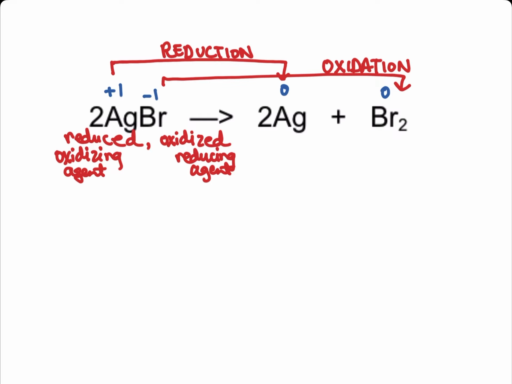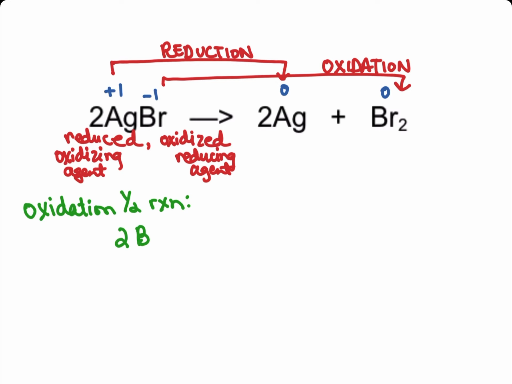So now I have to come up with the half reactions. I like to start off with the oxidation always, so oxidation half reaction. I see that the Br is what's going through the oxidation process, but I have to be careful. It is the Br minus that's doing the oxidation, not the entire molecule. And there are 2 units of that atom. So I have to take that into consideration.